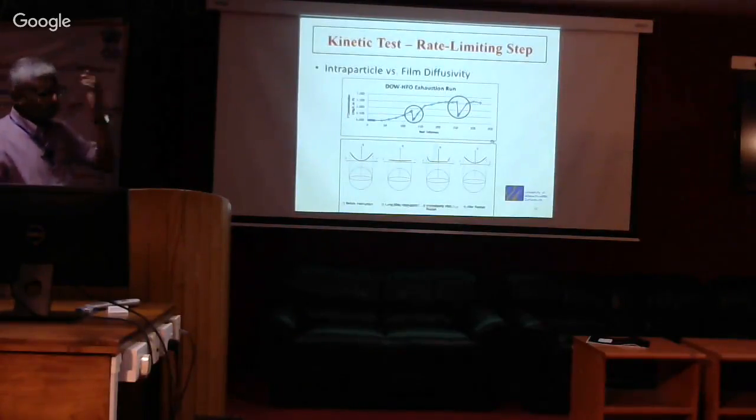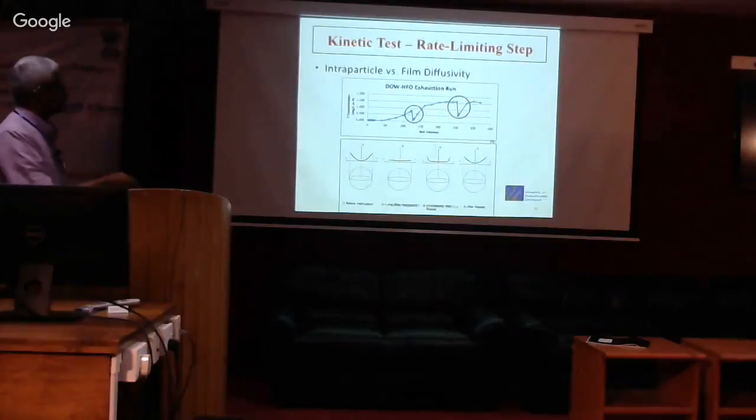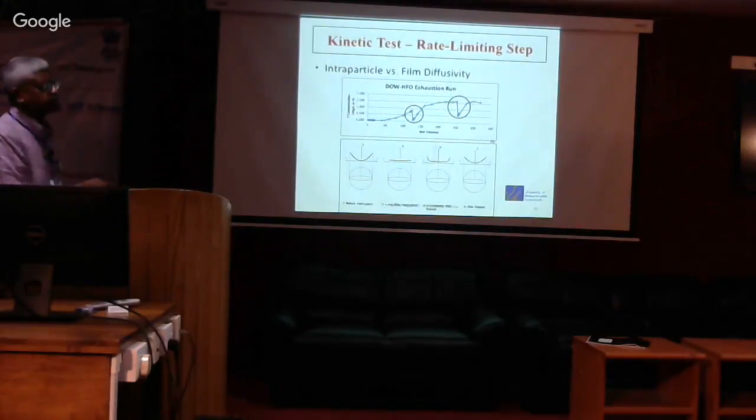And you do some tests called interruption tests. If you, for example, run a column and you stop it, so you stop the flow, what you will see is sometimes the concentration drops. And then again, when you resume the column, the concentration picks up and this flow starts to continue.